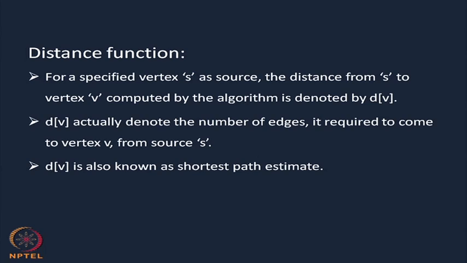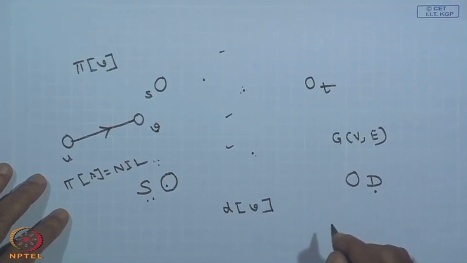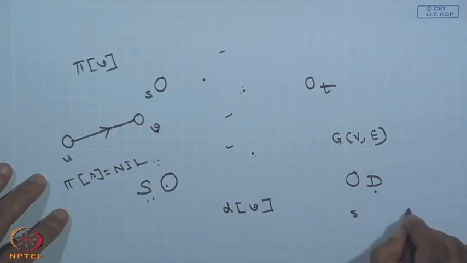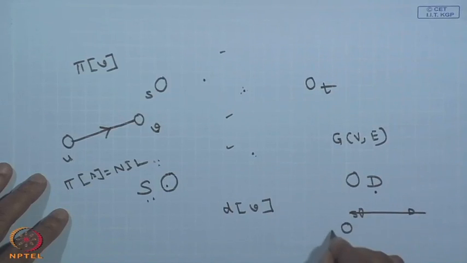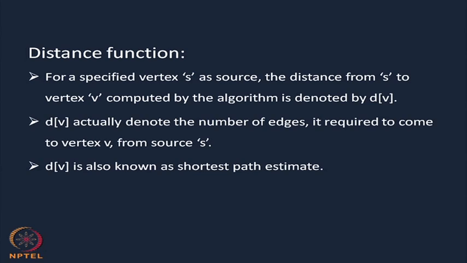For a specific vertex S as source, the distance from S to vertex V is computed algorithmically and we denote it by d of V. So, if you have the source S and the destination D, what is the distance between S and D, that is basically stored in this d of V. So, d of V denotes the number of edges required to come to the vertex V from source S, and it is also known as the shortest path estimate, that is, moving from S to V, what the shortest path is, that we also write over here.